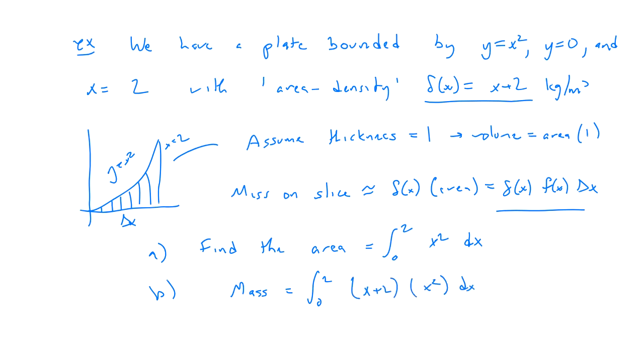And so you can see basically what we're doing is we're taking the area integral and adding in the density. And again, we're getting the same thing. This is the density. And this is sort of the volume, because we're assuming the thickness is 1, the x squared is the height, the dx is the width, and we have 1 for the thickness, so that becomes a volume.